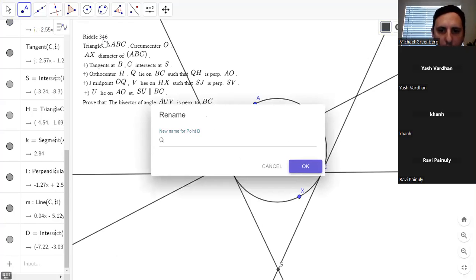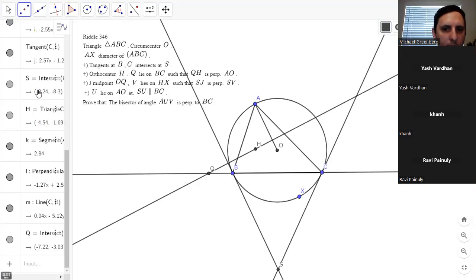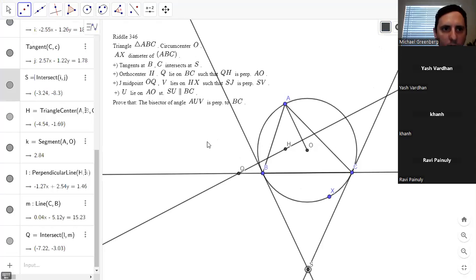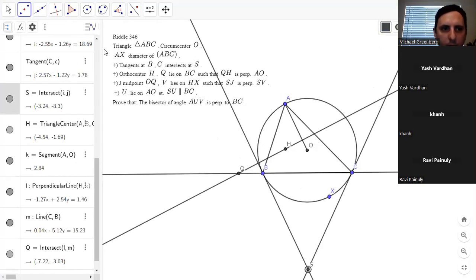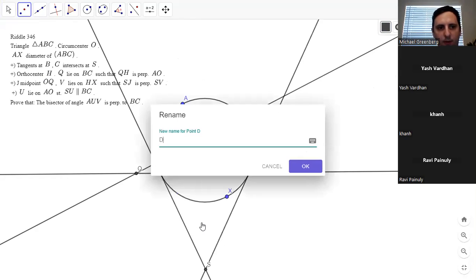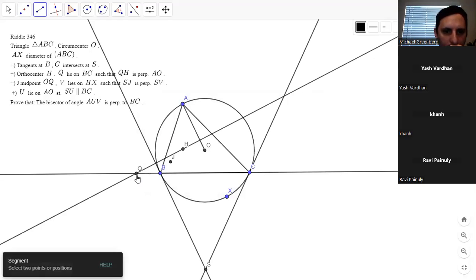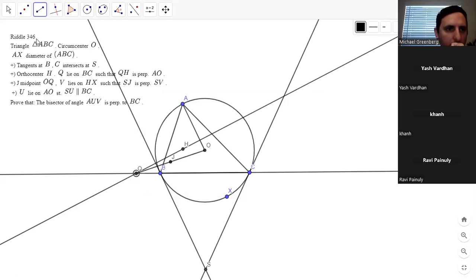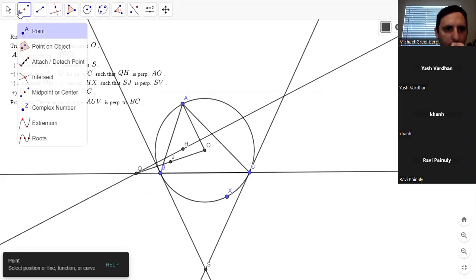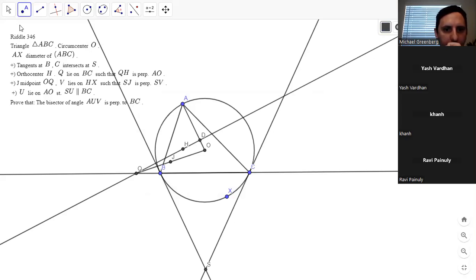And J is the midpoint of OQ. Let me close this. J is the midpoint of OQ. And V lies on HX such that SJ is perpendicular to SD.